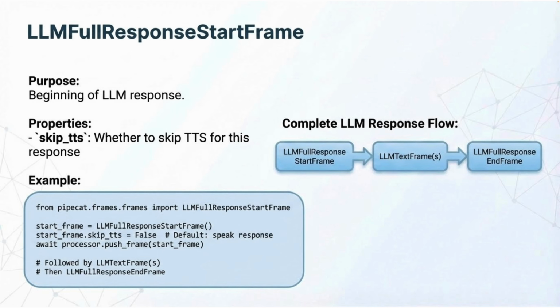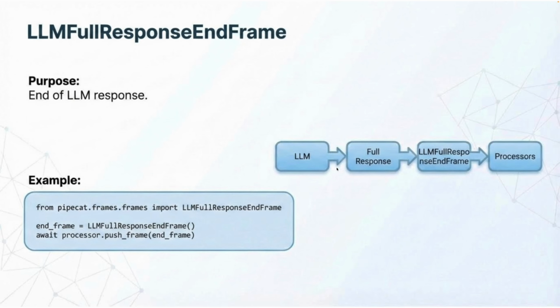And it is useful because it defines the response scope, and it is used before emitting LLM text frame. It also has certain properties, like whether we want to skip the TTS response or not. So we can use this for LLM full response start frame, skip the TTS and push it. Then we also have LLM full response end frame, which marks the end of the LLM response.